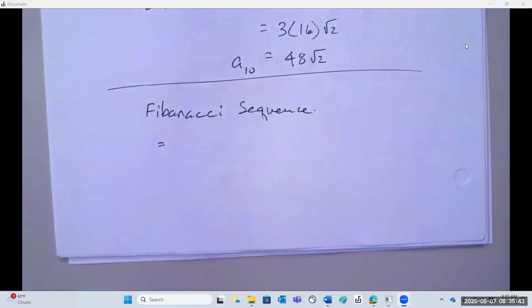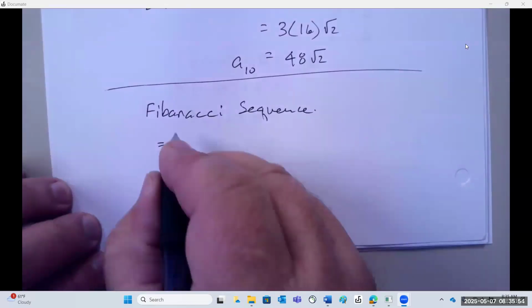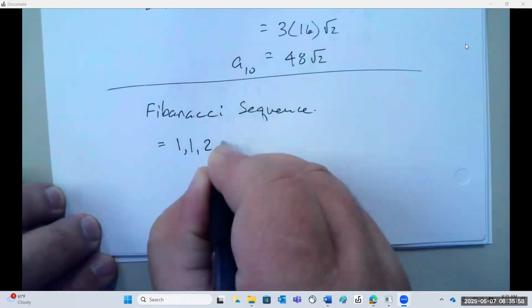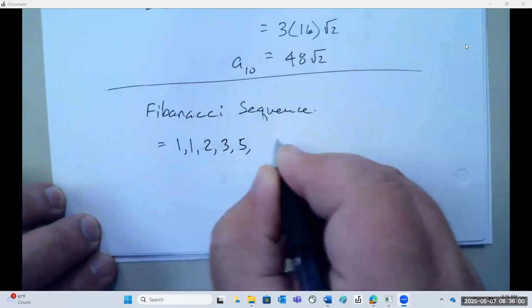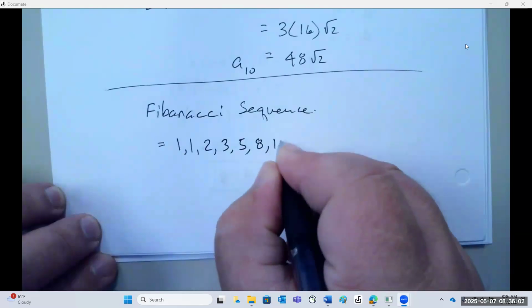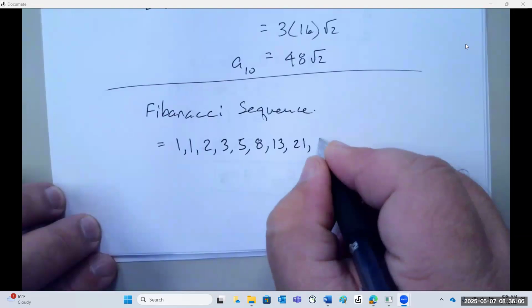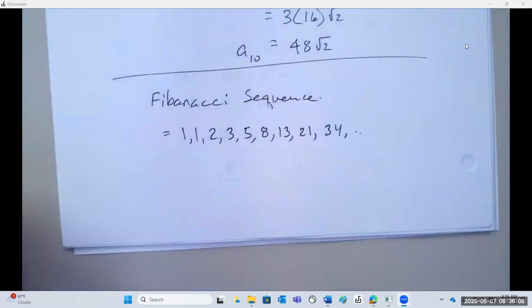The way it's set up is it takes two numbers, adds them together, and that gives you the next number. Then you take the previous two numbers, add them together, and get the next number. So, for example, 1, 1, 2, 3, 5, 8, 13, 21, 34, and so on and so forth.